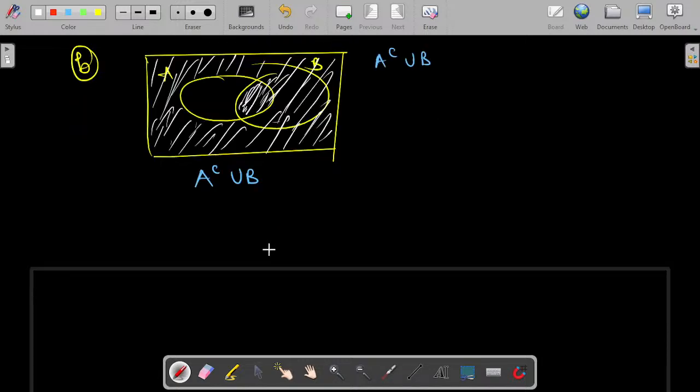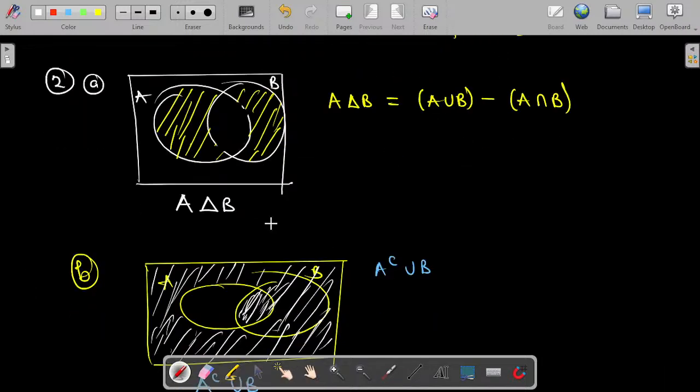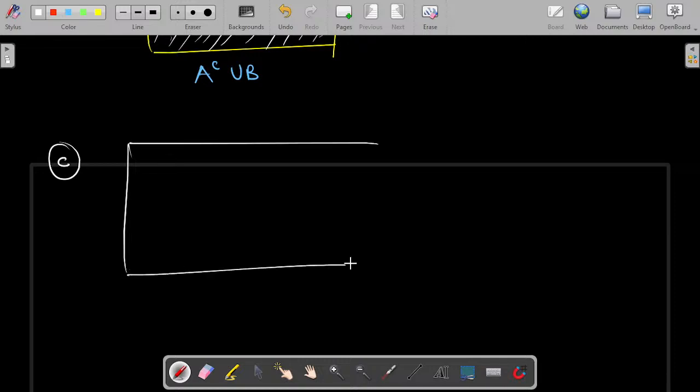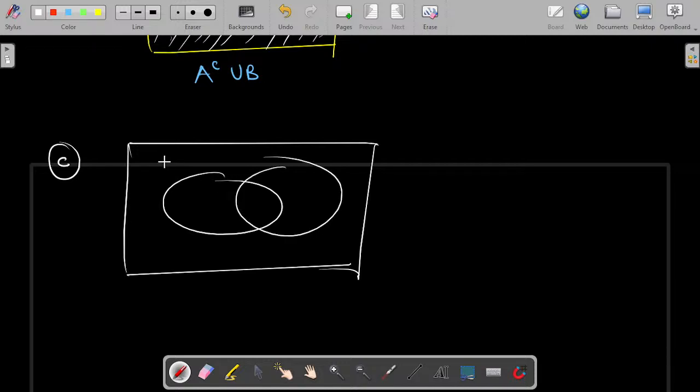Okay, let me go ahead here. The third one, we are given a Venn diagram. Of course, you know this is from Venn diagram, and yet again you have two subsets of a universal set, and you are to find A complement. With what I said in your B here, it should be easy.